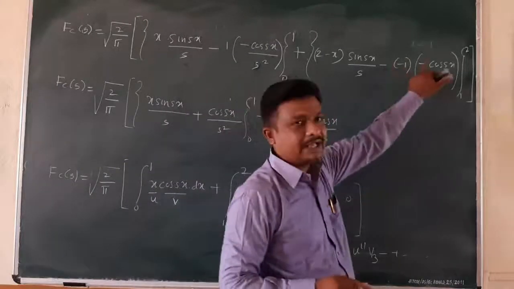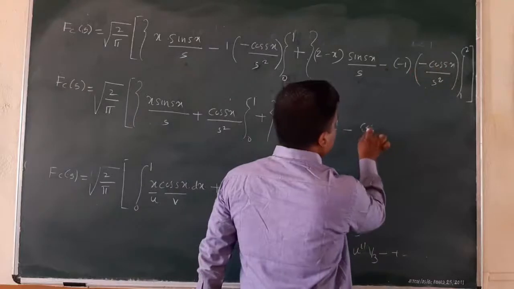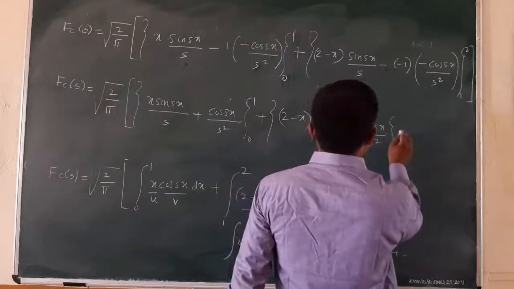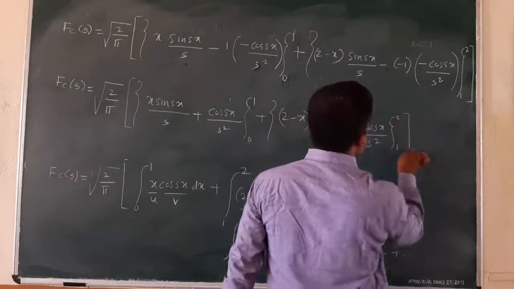So minus into minus into minus, it will again become minus cos sx upon s square, between 1 to 2.